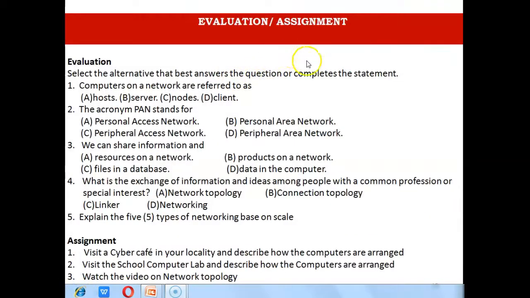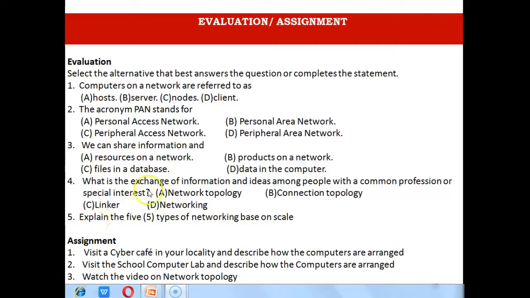Evaluation and assignments. Evaluation. The following questions are meant to evaluate and check how far we have learned or if our objectives have been achieved. Well, let's take a look at some of the questions briefly. In fact, you've all done well today.